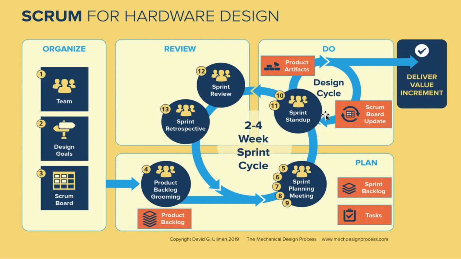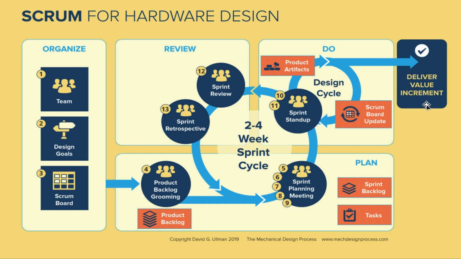And then they just get to work, right? The team, which should be as stable as possible through the project. And they create what's often called product artifacts, basically the deliverables, and the deliverables get tested and so on.